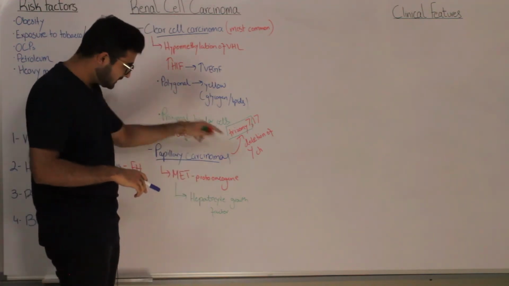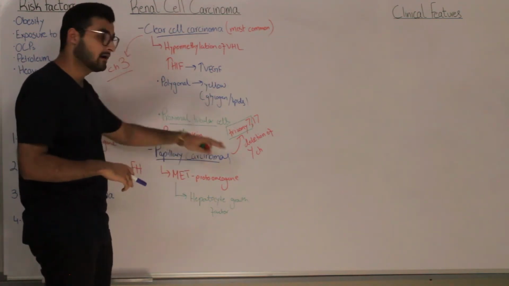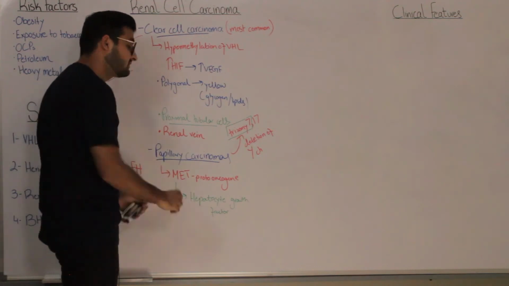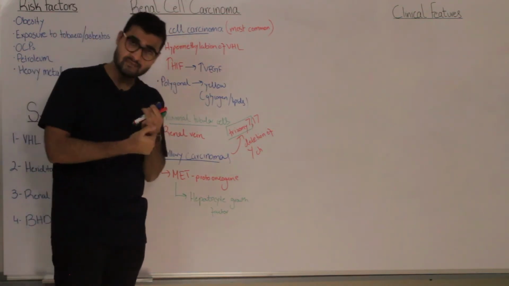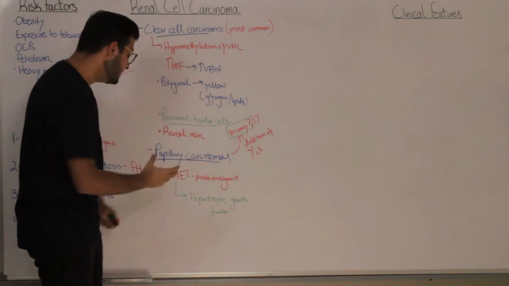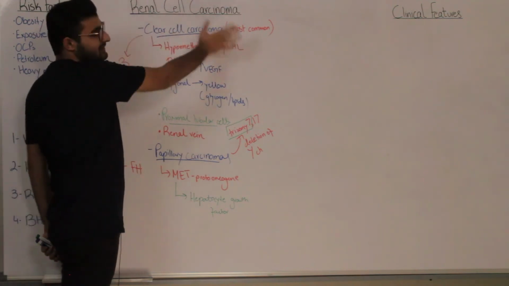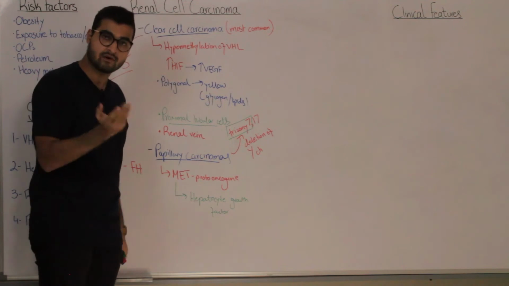So if you were to have mutations in the MET proto-oncogene causing papillary carcinomas, what would the morphology look like? You will have papillary cells, right? The structure on morphology would be papillary. Like over here you had clear cell carcinoma, so what did I say? You will have clear polygonal cells on morphology.